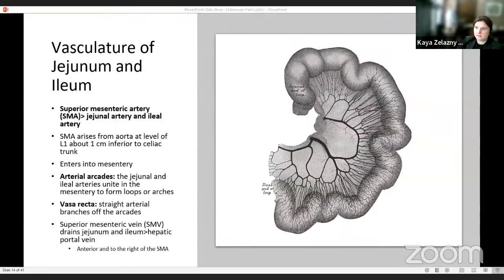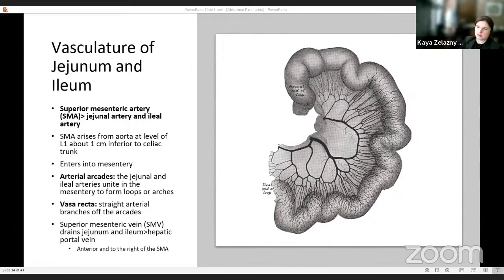When we're looking at vasculature, this is going to be coming from the superior mesenteric artery. That's the second prong coming off of the aorta, essentially, which then gives off a jejunal artery and an ileal artery, which anastomose with each other. The superior mesenteric artery, that initial branch off the aorta, comes off at about L1, about a centimeter inferior to the celiac trunk.